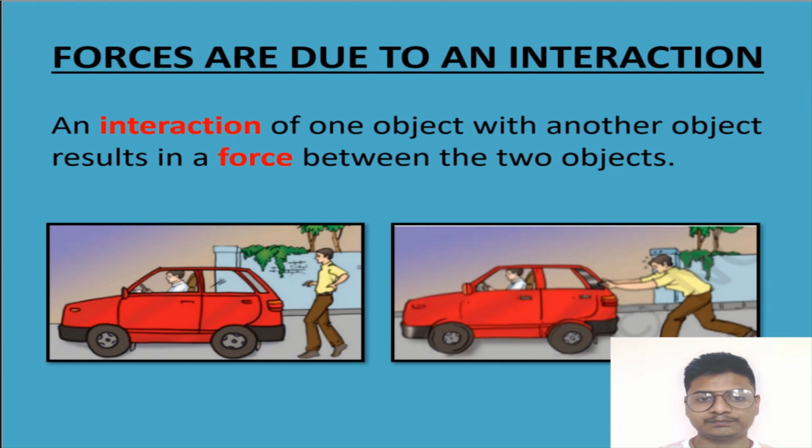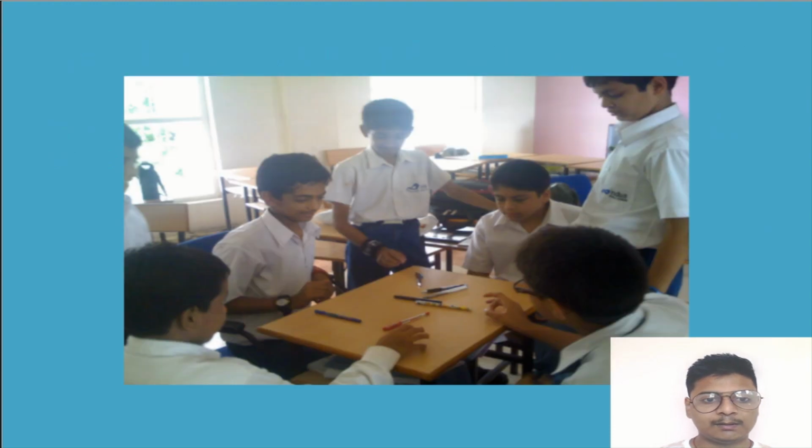Now we will be continuing with our new chapter. In this we will talk more about force. Now let's see. Everyone has played this game in the classroom. I know that, I have also played this. Can anyone tell me in the comment box what is happening here? Let me tell you first. They are playing a game known as pen fight.